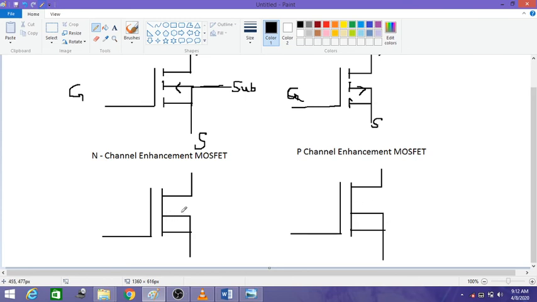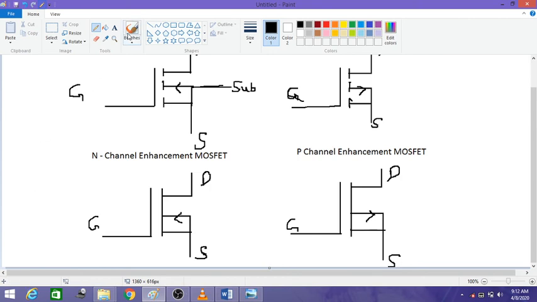Here also, for N channel the arrow mark is inside, and for P channel it is outside. So this is your gate, source, and this is drain. This is your source, this is gate and drain.